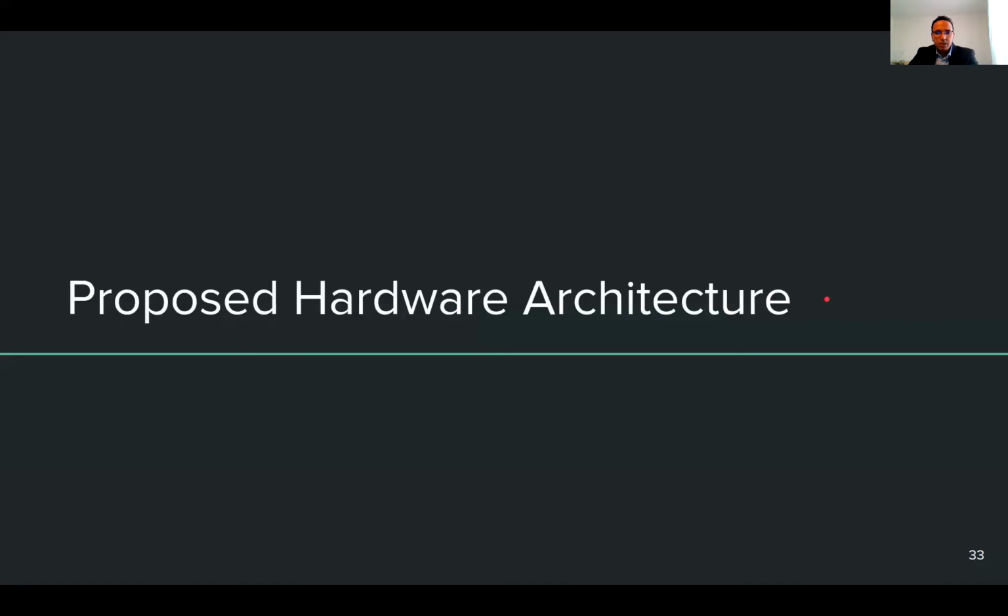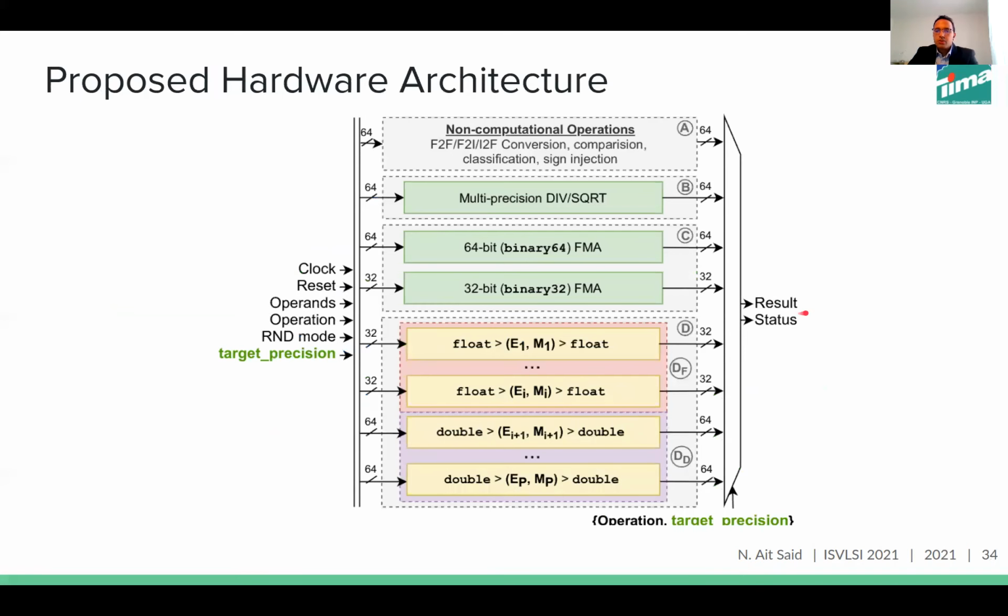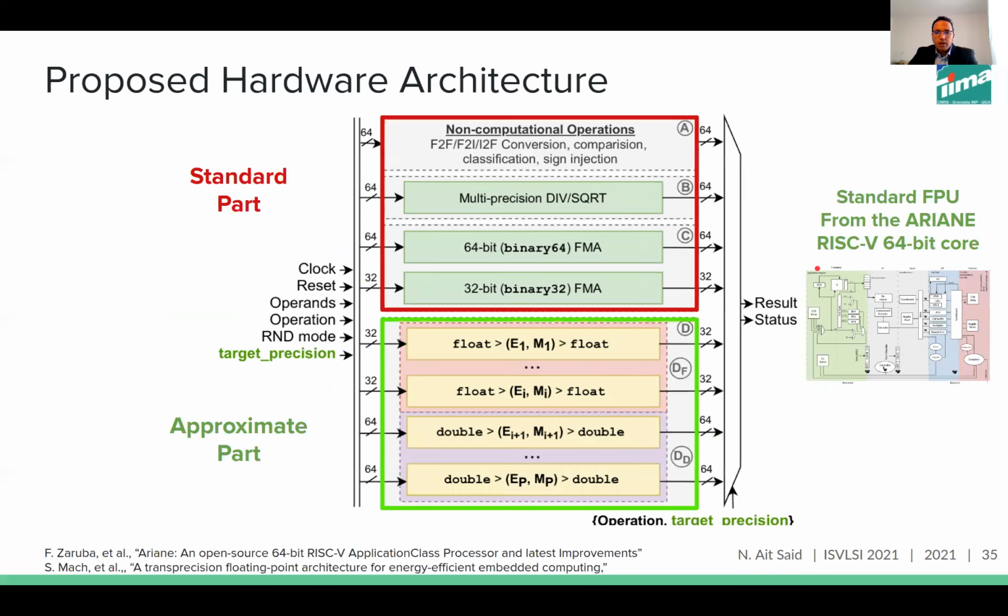So now we will talk a bit about the proposed hardware architecture. In order to enable multi-precision computation, we propose the following architecture. It basically contains the original FPU here, extracted from the open source Ariane RISC-V core. We have basically two main parts: the standard part and an approximate part.